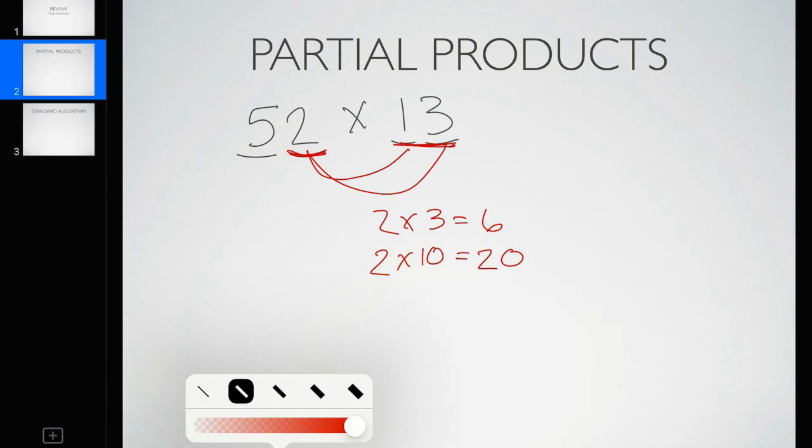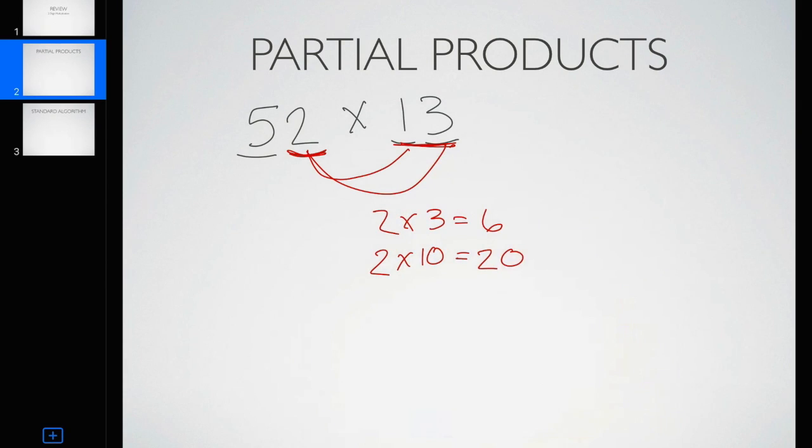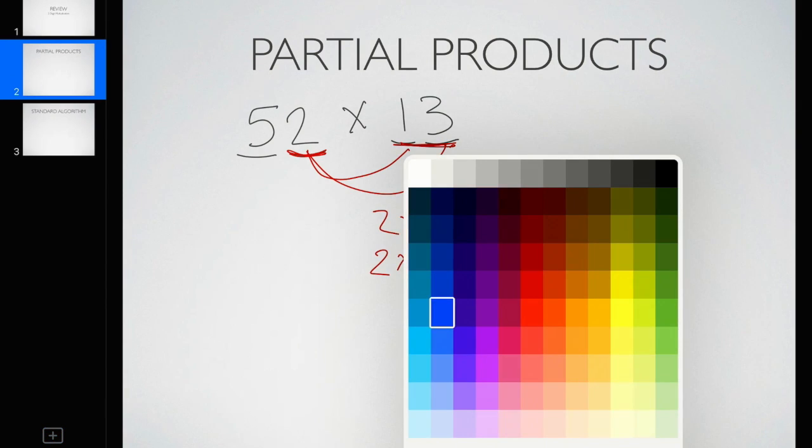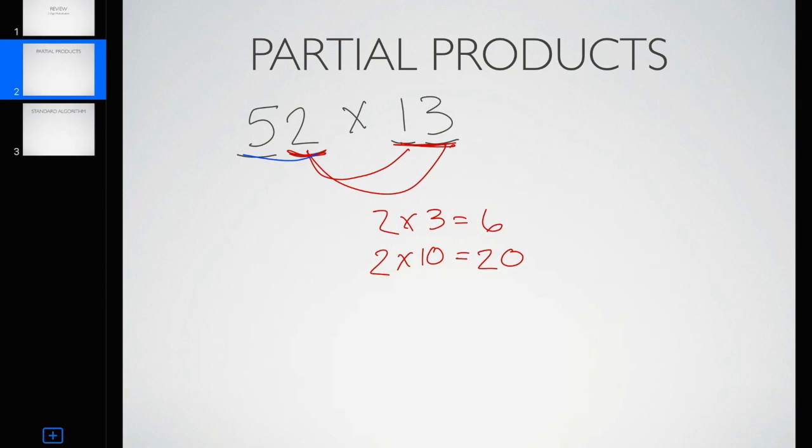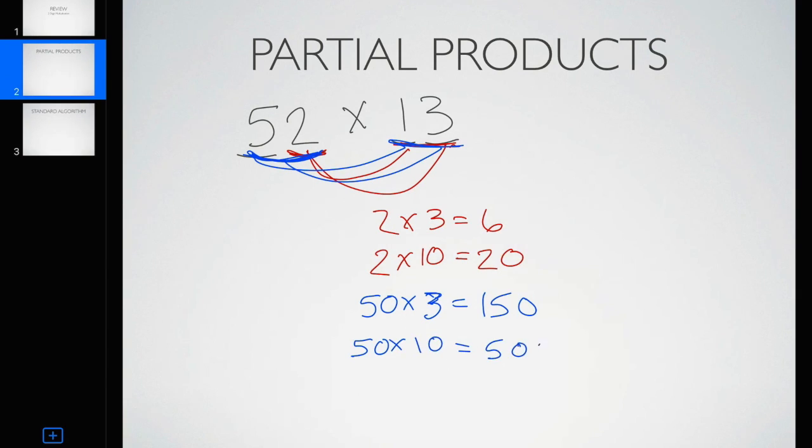Then we would look at the 5, and we would do the same thing, but remember this is 50. So 50 times 3, that was an awful 3, and then 50 times 10, which equals 500.